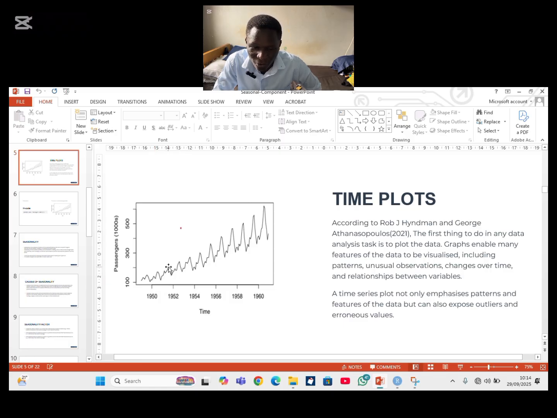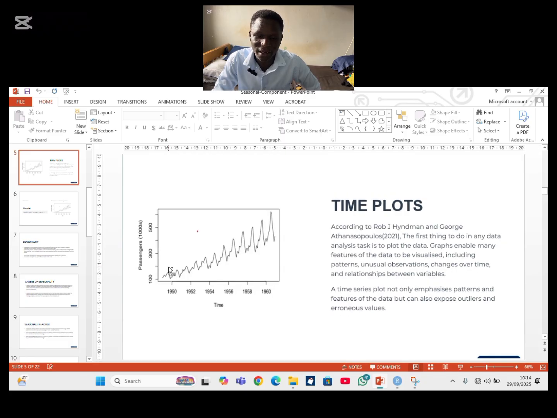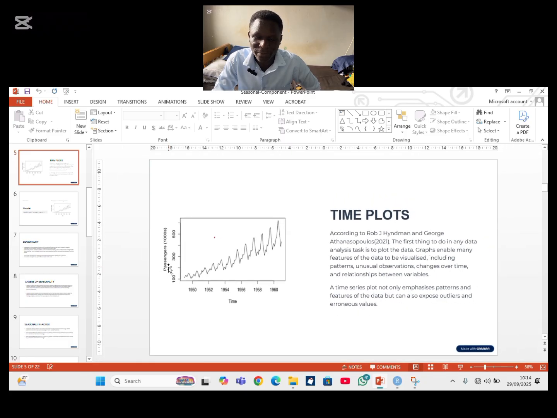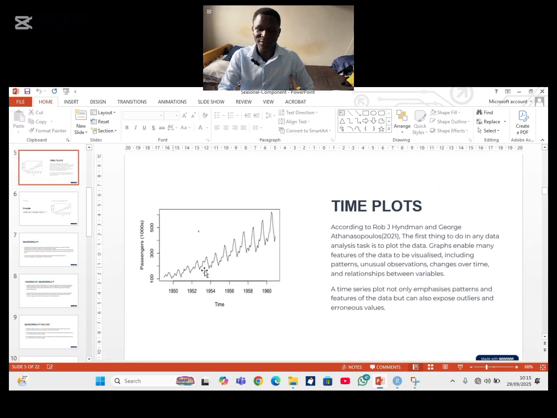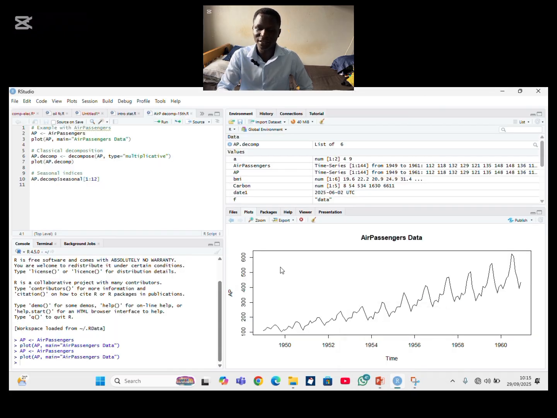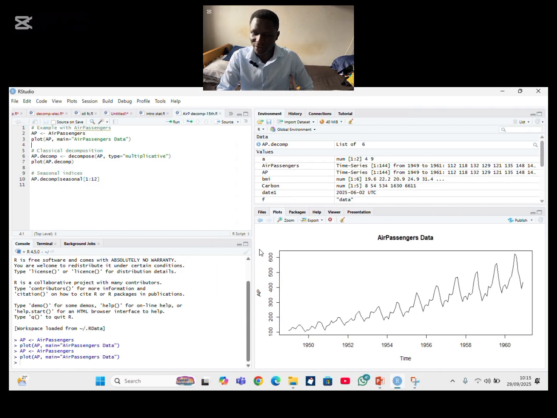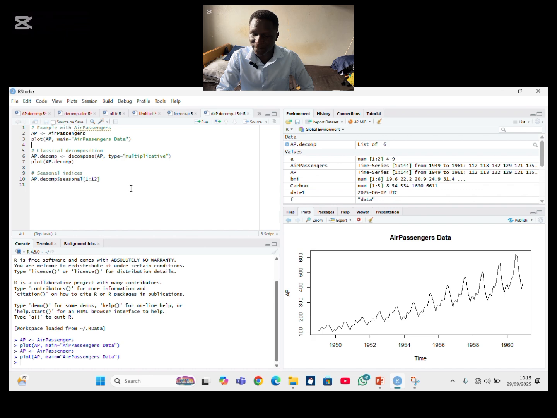Same thing with these ones up here. How far off are they from this trend? That is basing on the seasons you have in your series. Just to illustrate what I'm talking about, let us try to illustrate that seasonality factor.